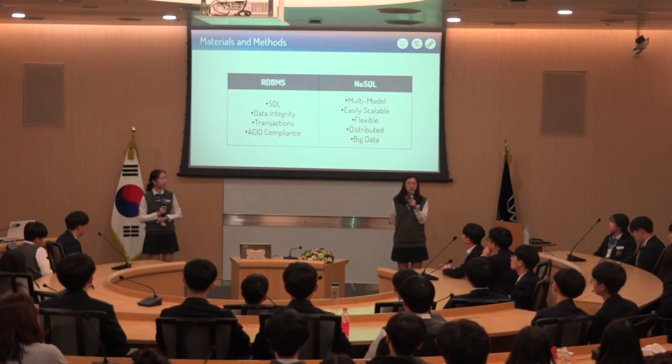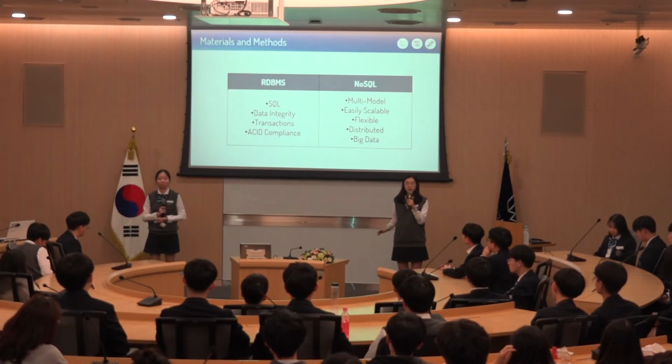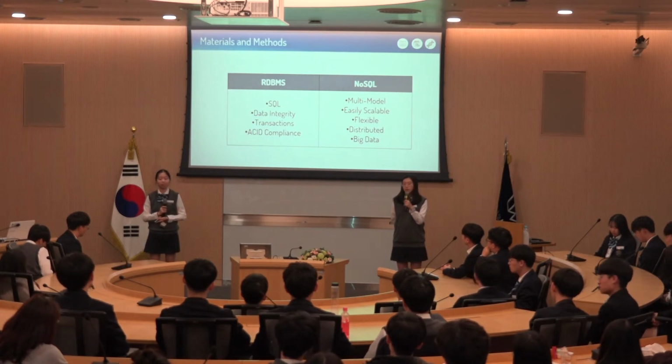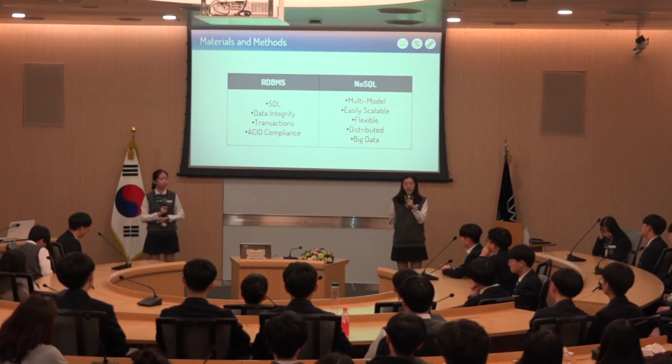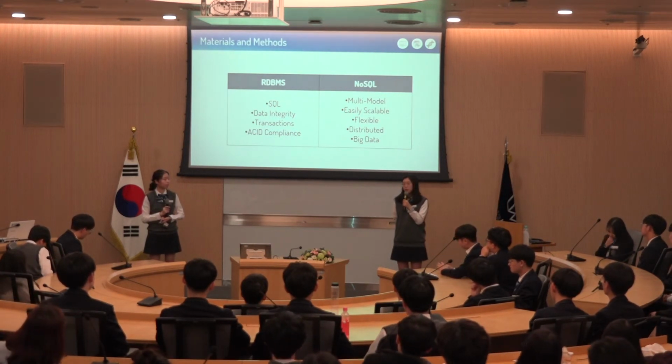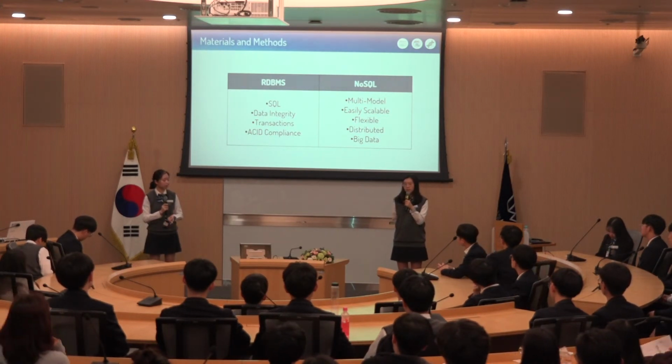RDBMS, which is the first appeared DBMS type, normalized data to tables of columns and rows. So it has exact attributes and gives data integrity. However, unstructured data is increasing, so the fixed format is invalid for DNA strand.